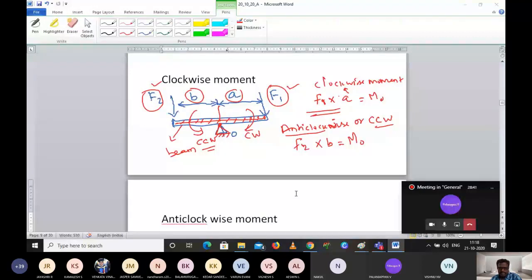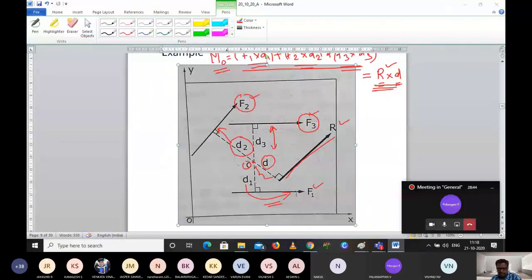Then we came across an important theorem. What is the theorem we have seen? Theorem of moments. Yes, Varignon's theorem, very good. Varignon's theorem of moments. Sometimes if you are asked for the theorem of moments, you have to explain Varignon's theorem.